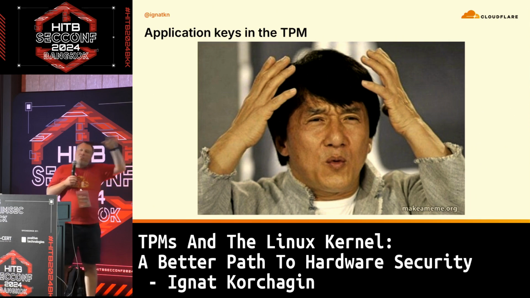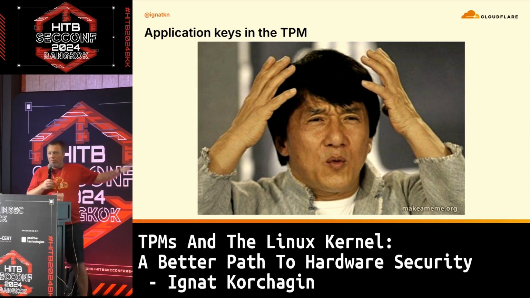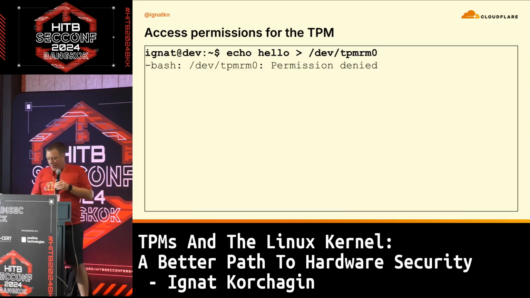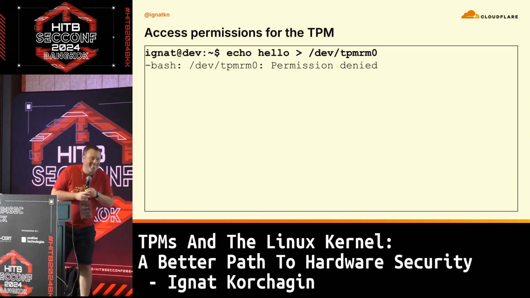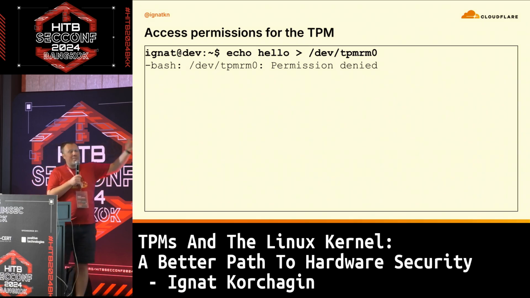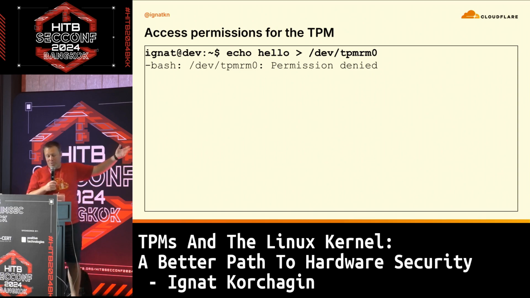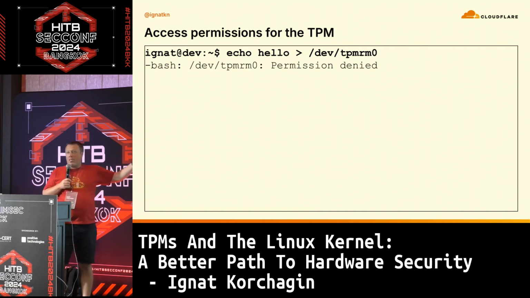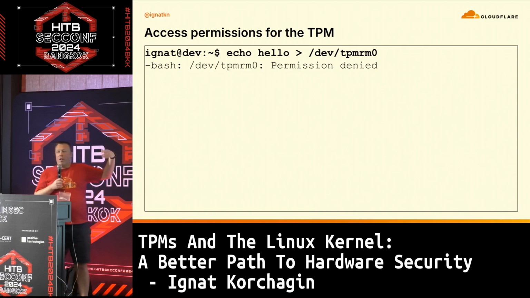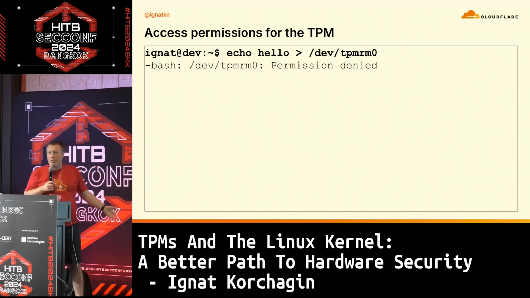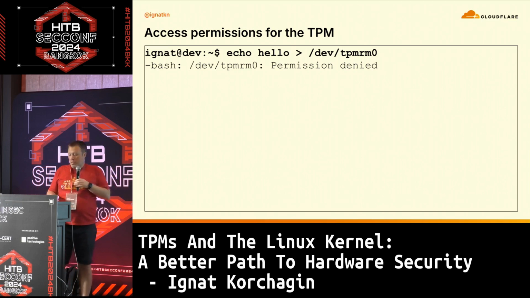But even if you overcome all the complexity, you invest in all the research, understanding all of that ecosystem, it will still not work. Just because when you start interfacing with a TPM from a user space application, most likely your application runs as your user or some kind of system user. And if you try to talk to the TPM, you get a permission denied.